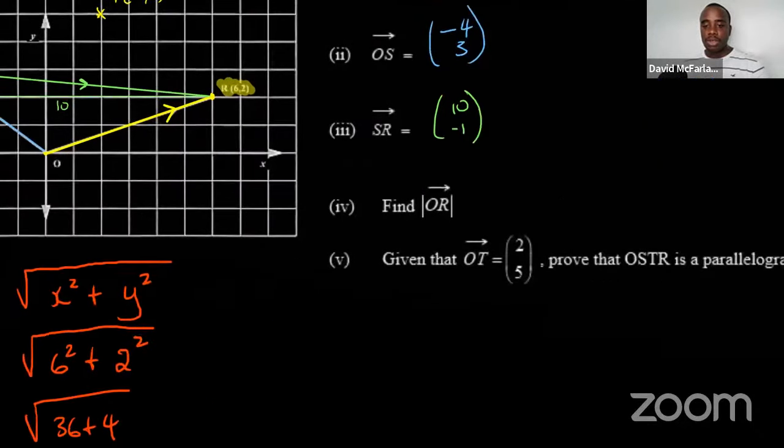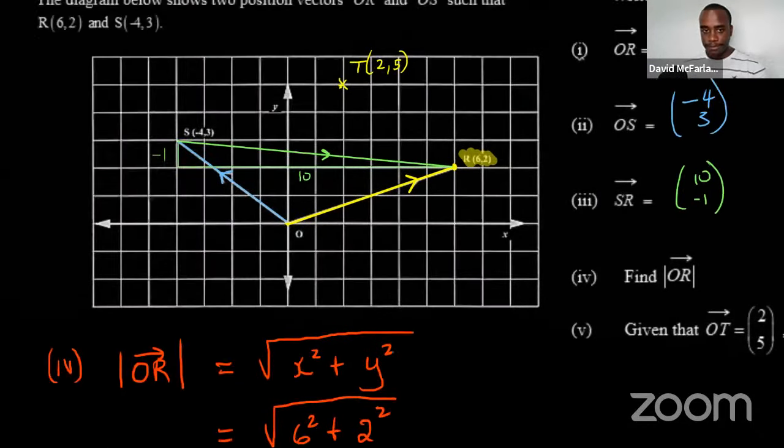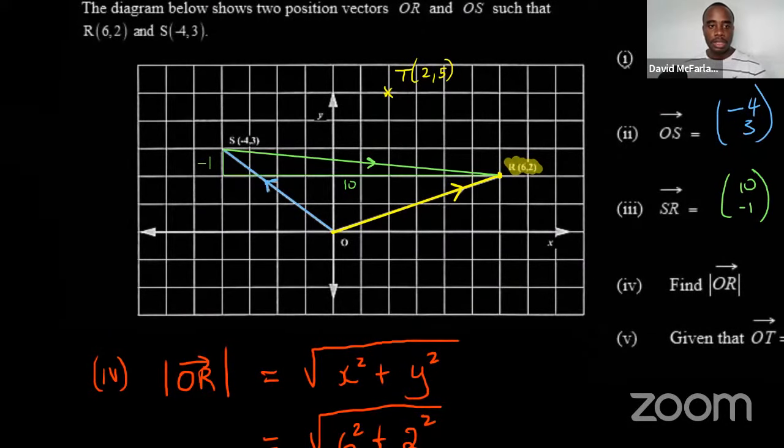So it says, given that OT is 2,5, right? So think about it. OT. What does that mean? It means it starts at O and then it goes to T. So I'm looking for a vector that goes from O up to some point T, and that is 2,5. So it's going to go 2 units across, 1, 2, and then 5 units up, 1, 2, 3, 4, 5.